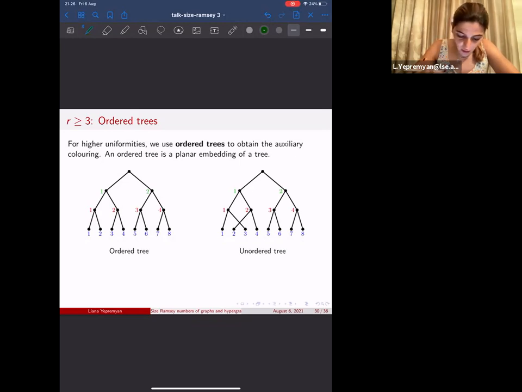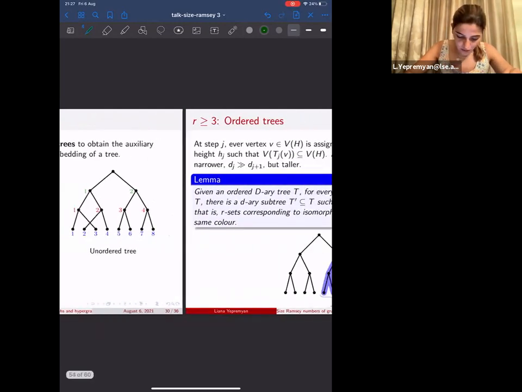These trees help us to have more control of how to embed various hypergraphs. We prove several Ramsey theoretic results about ordered trees.